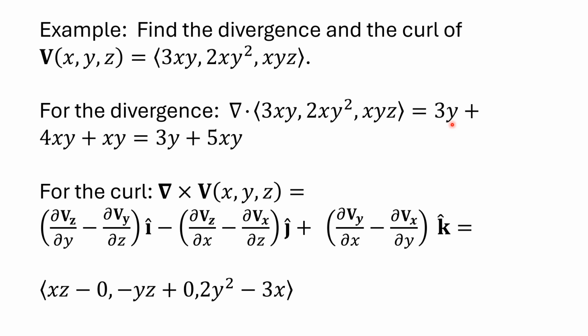We're taking with respect to x, we treat the y as a constant, so we got 3y. The partial with respect to y of 2xy squared is going to be 2x times 2y, so it's going to be 4xy. And the partial with respect to z of xyz is just going to be xy. Now these can be grouped, so we're going to end up with 3y plus 5xy.